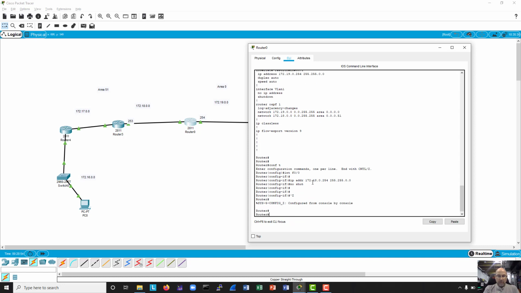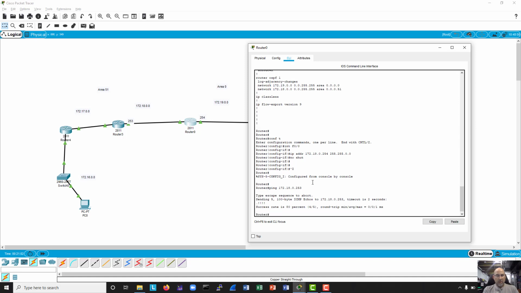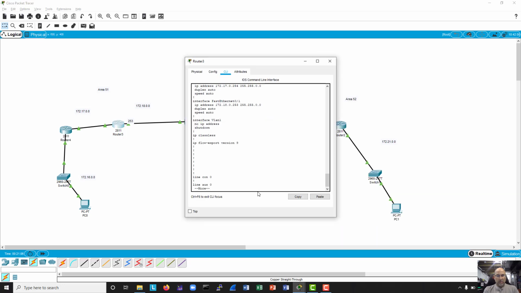Just for fun, we'll see if we can ping our neighbor. There we go. All right. So they should start talking with each other.